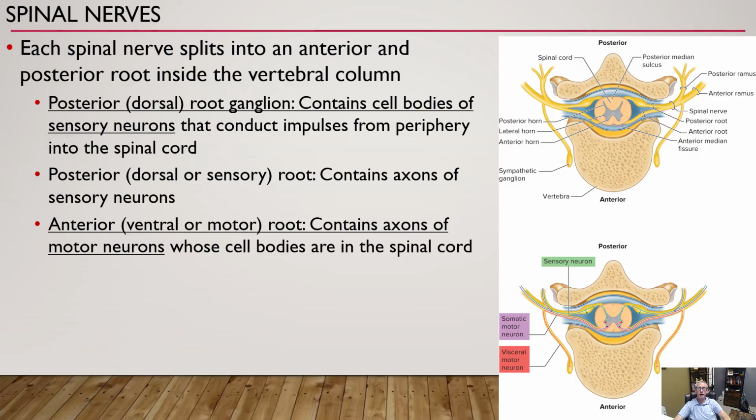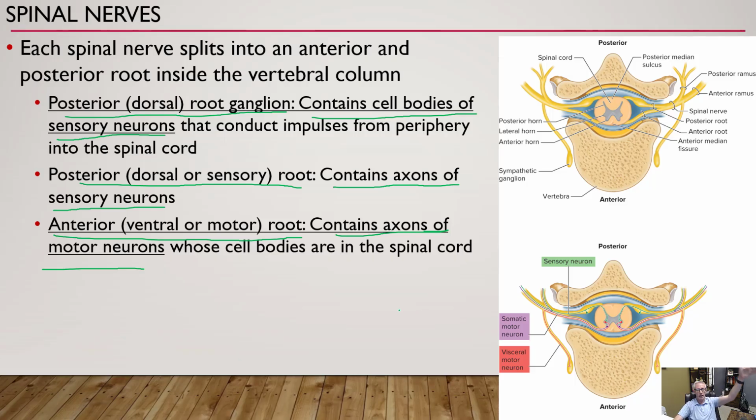All right, and we already talked about this when we talked about our reflex pathway: the posterior dorsal root ganglion contains cell bodies of sensory neurons, the axons of sensory neurons are found in the posterior root, and the anterior root contains axons of motor neurons.